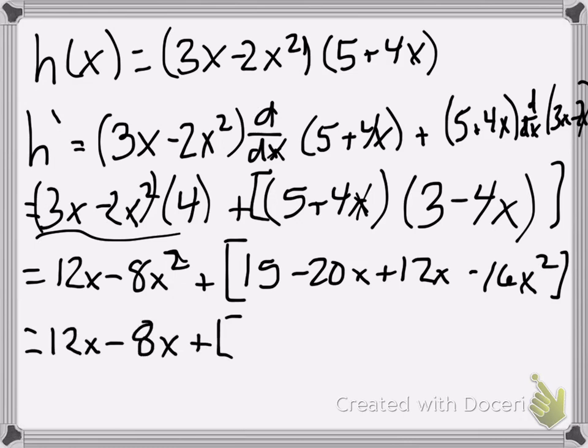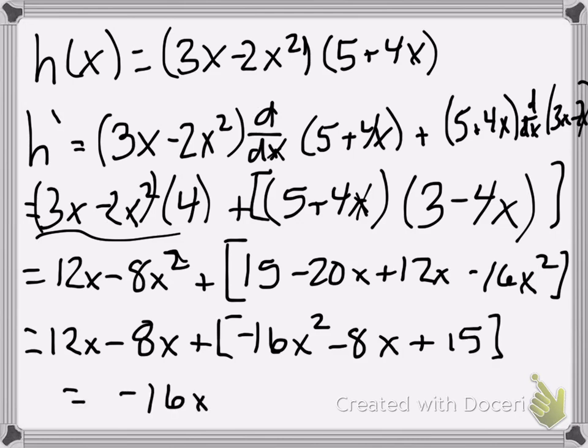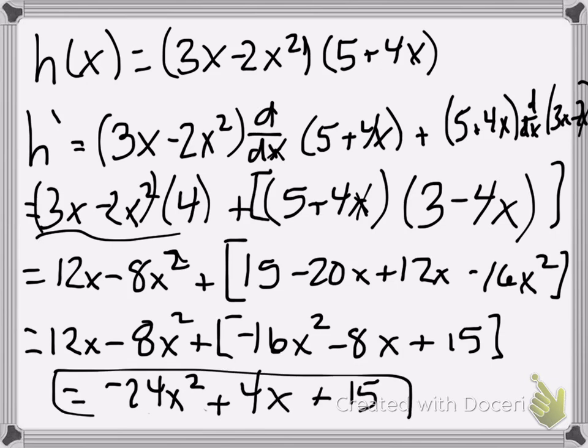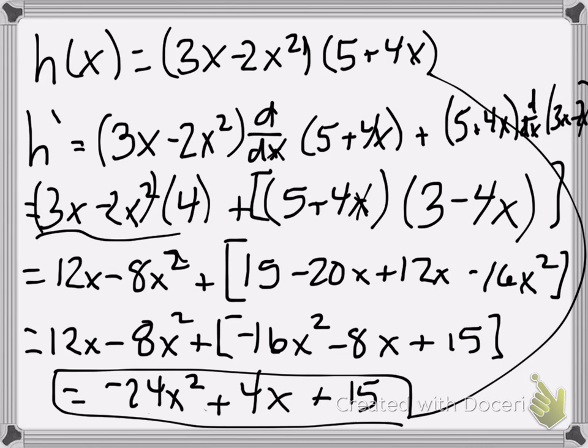So I get negative 16x squared minus 8x plus 15. And then we can combine like terms. I get negative 16x squared. Oops, excuse me, that should be an 8x squared there, so that's wrong. It should be negative 24x squared plus 4x plus 15. So that would be the derivative of this h of x.